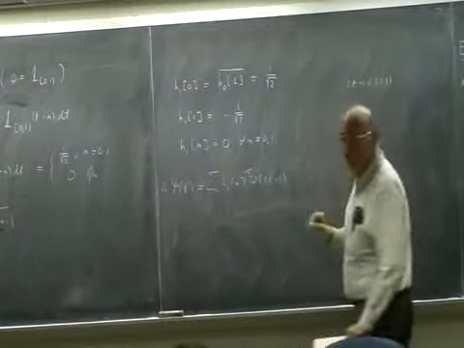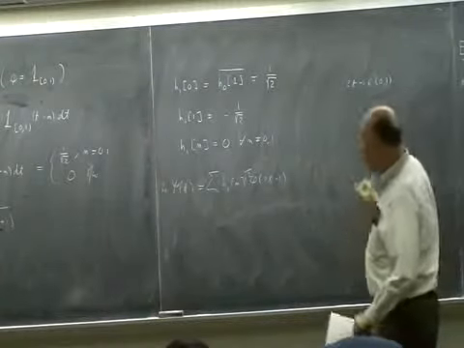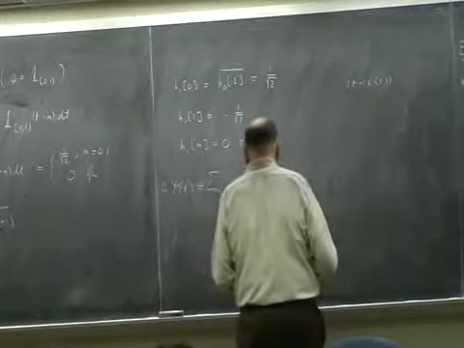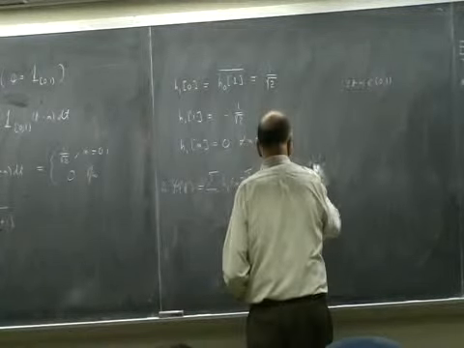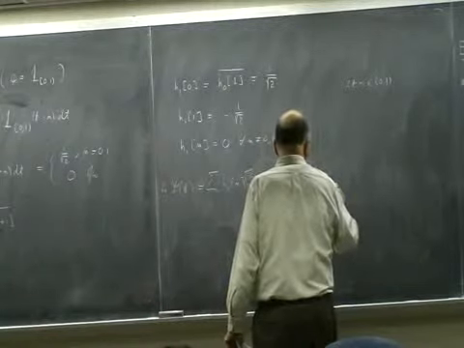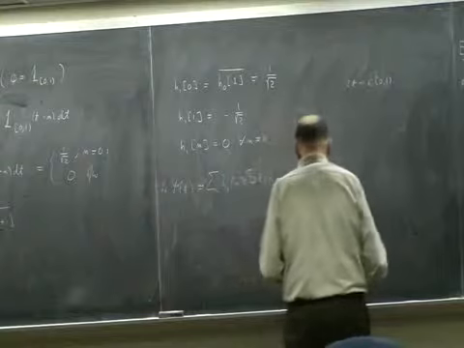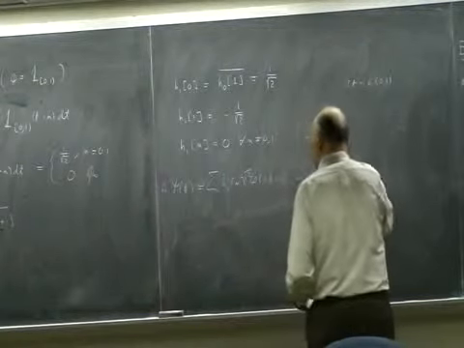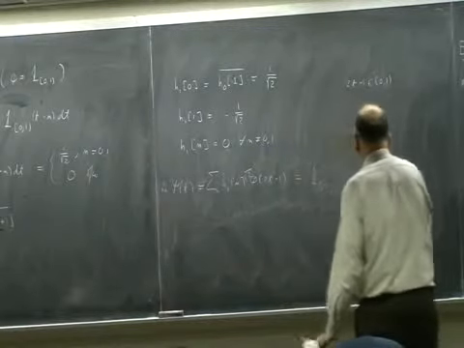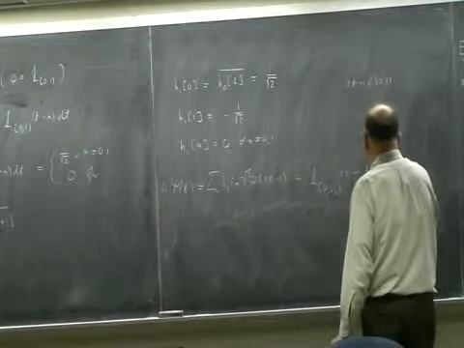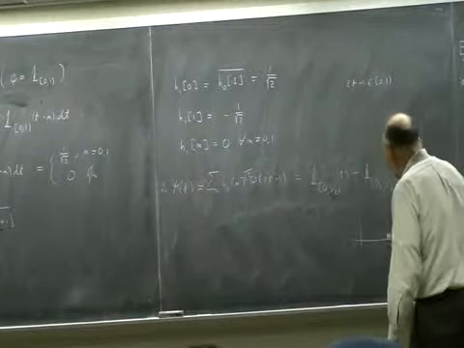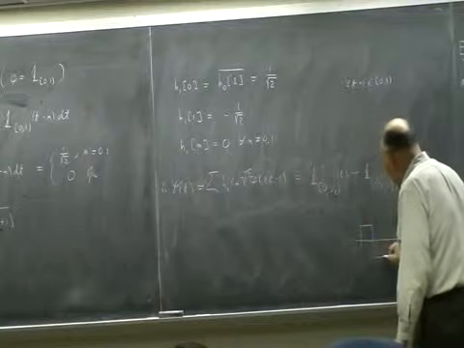What I get is that this is equal to the characteristic function of [0, 1/2) minus the characteristic function of [1/2, 1). I get the Haar function.